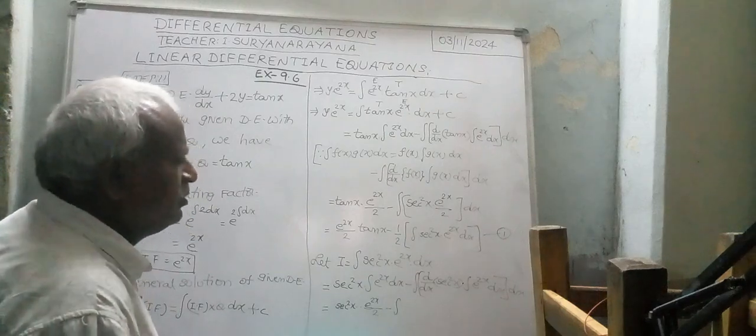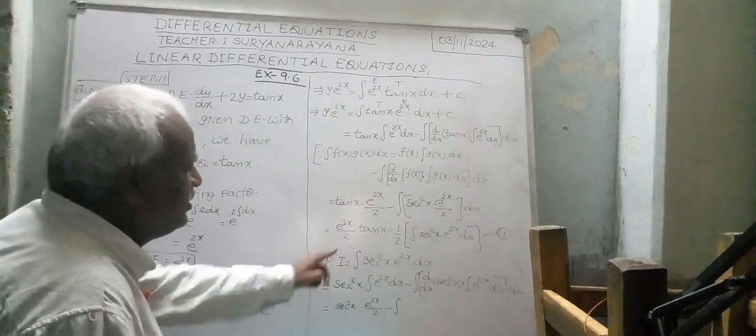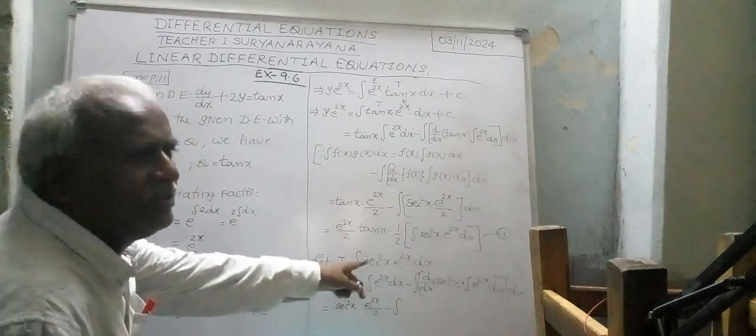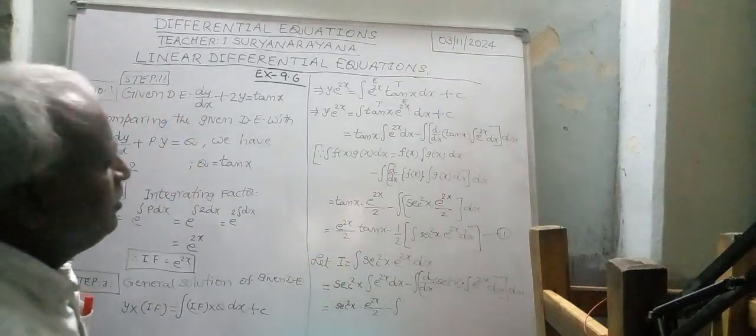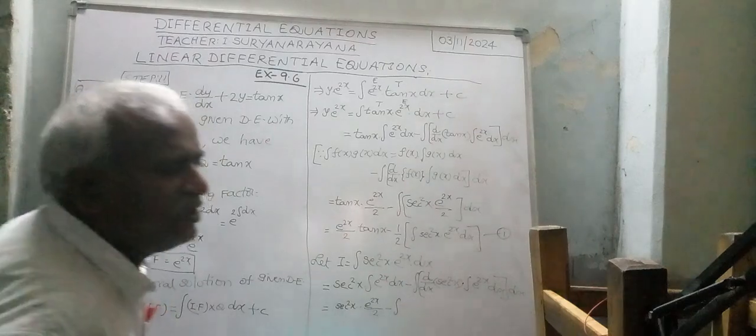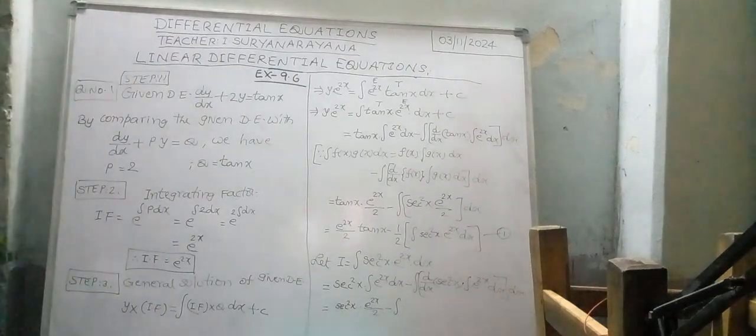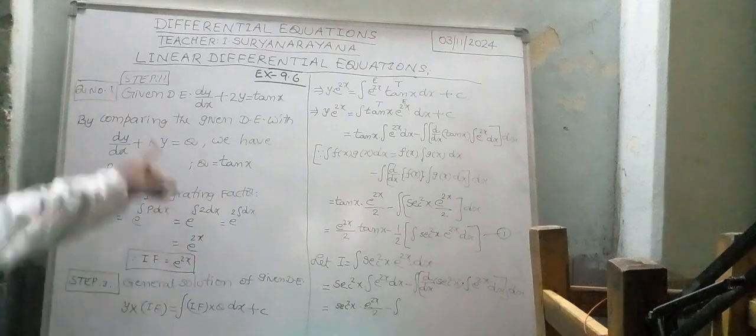Yes or no? So in this way we find this right side integral and we substitute its value in equation 1. Then we get the solution of this differential equation. This is a type 1 sum.